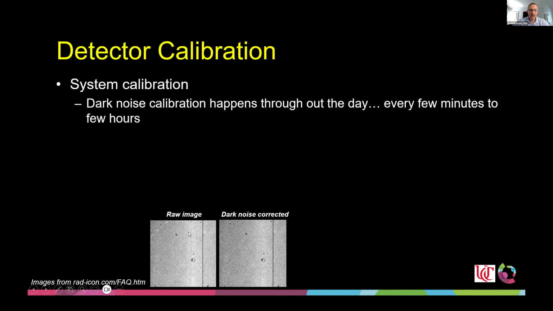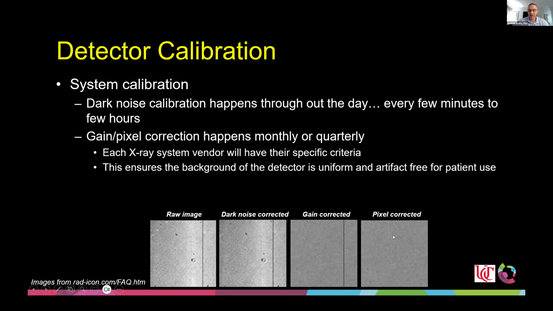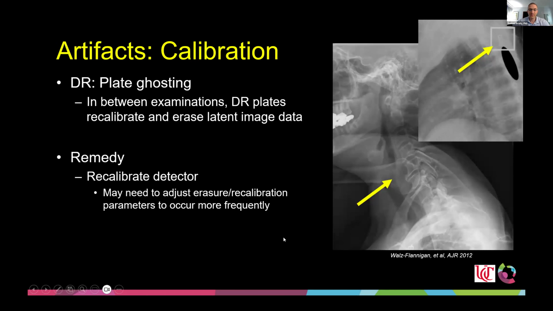There's no signal. By going through the calibration process, we can clean it up so that when we do have a patient, we can expose them using a nice, clean, uniform image. Some vendors will have you calibrate monthly, others quarterly.